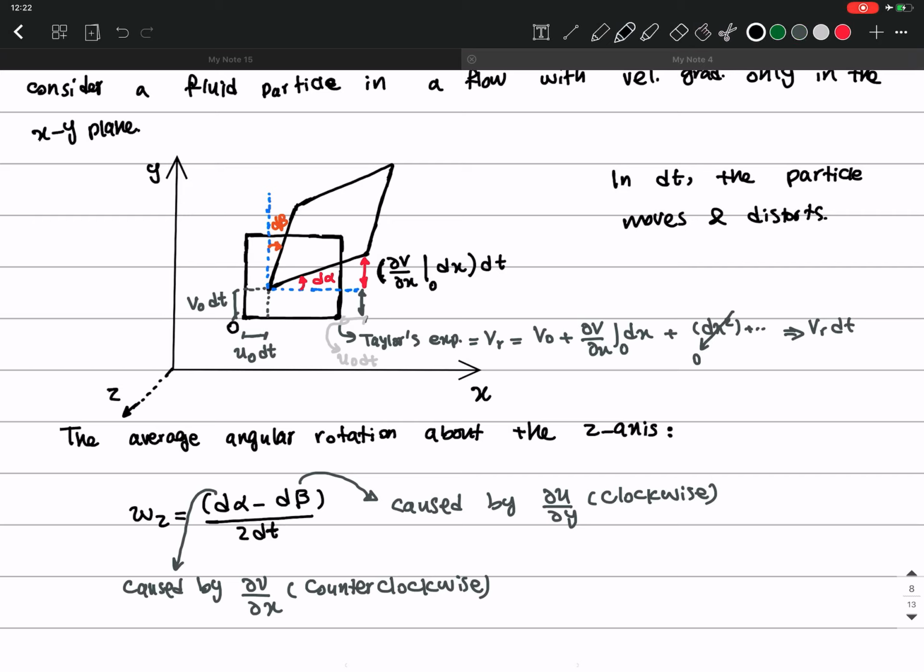I didn't write it down, but this part is going to be, again, partial u over partial y times dy.